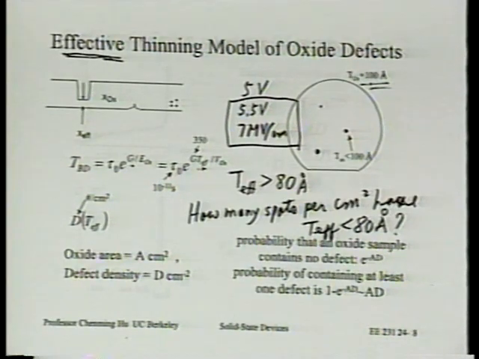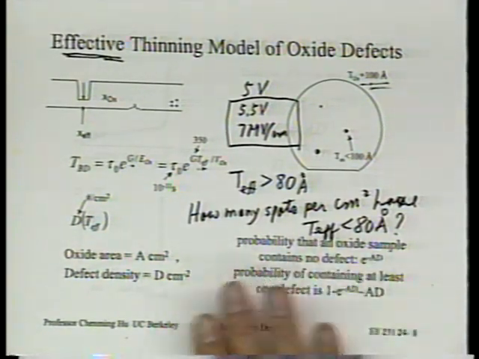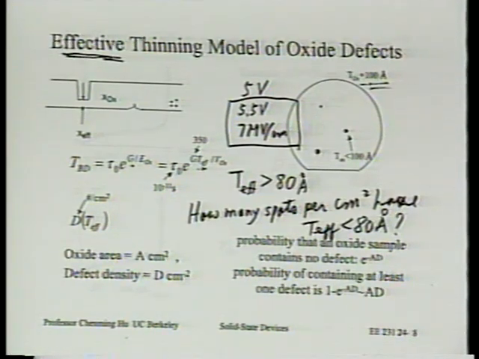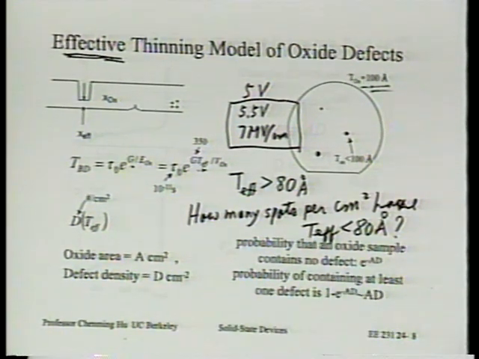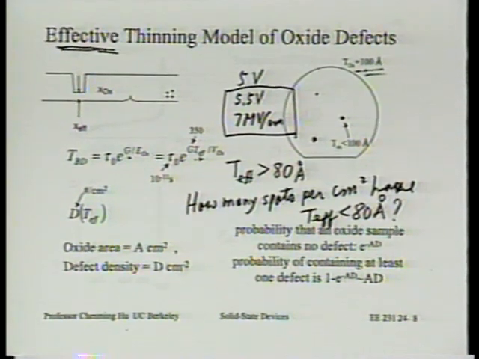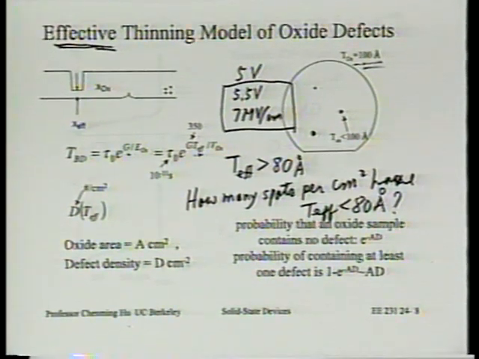If you knew how many spots per centimeter square have a T effective less than 80 angstrom, you'll be able to tell what percentage of a 2 centimeter square large chip will have such a defect, and therefore will not meet the reliability that you promised your customer. Do you see that logic?